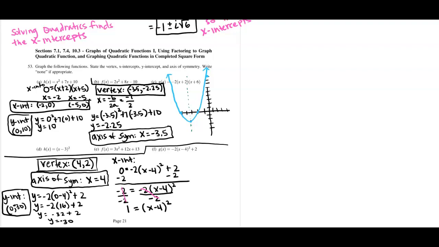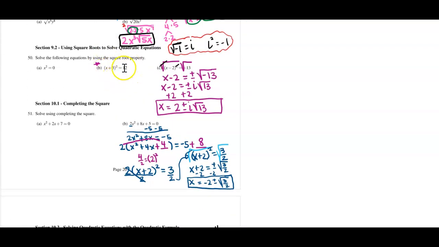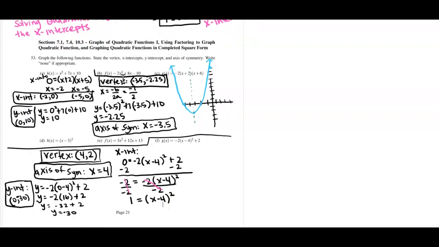Okay, and now it's to that point, like we had up here in those square root properties. It looks like this now, so now we can square root both sides to figure out what x is. So let's square root this side, and that will get rid of our square, and square root this side. Remember when we take the square root of that side, it's not just the square root of 1, it's plus or minus the square root of 1.